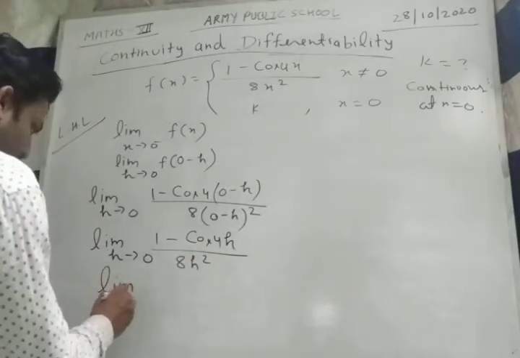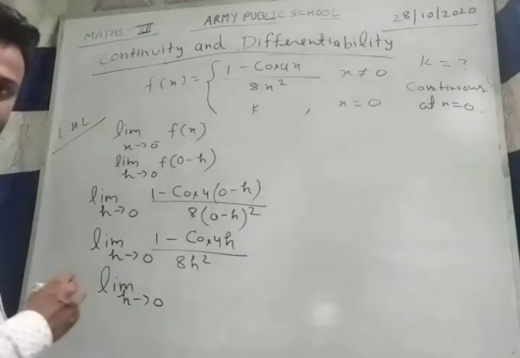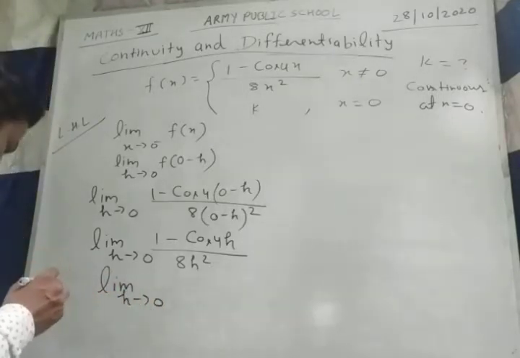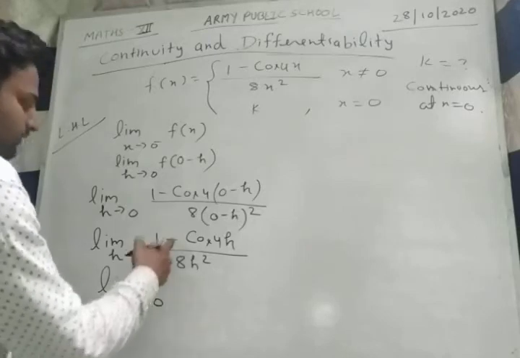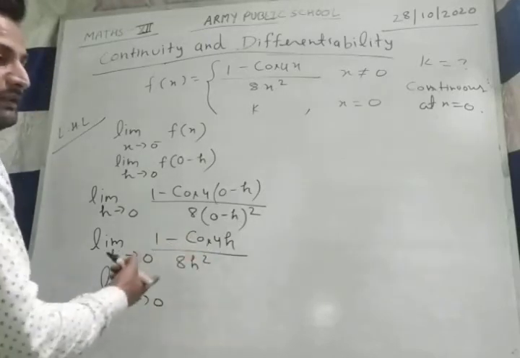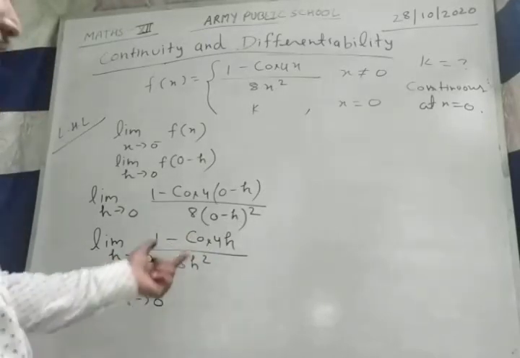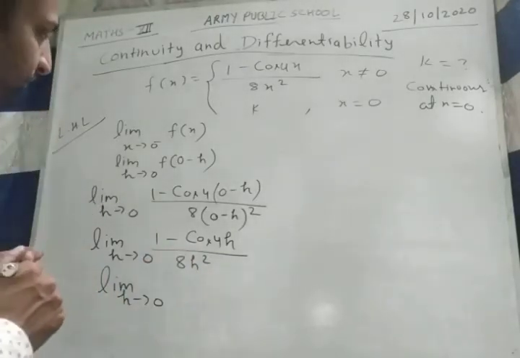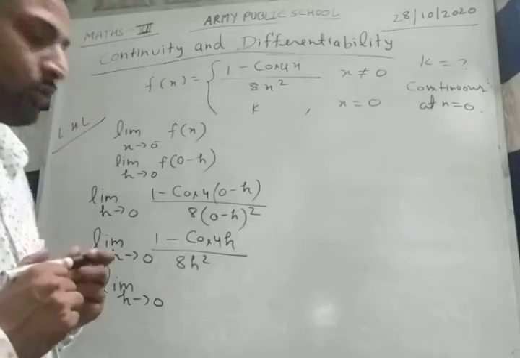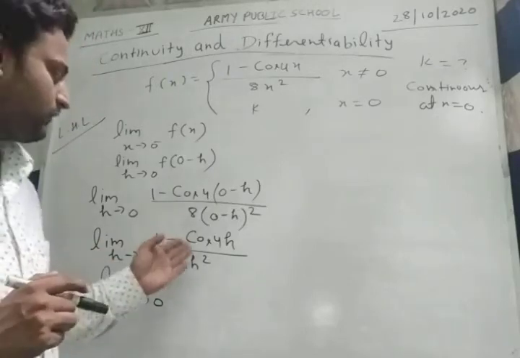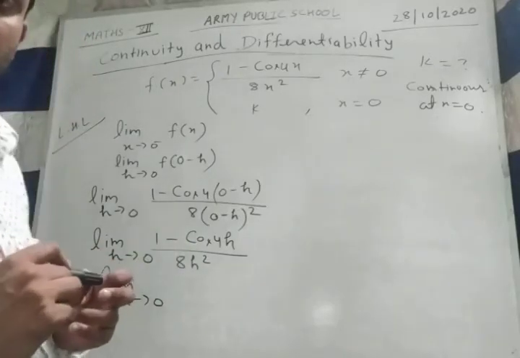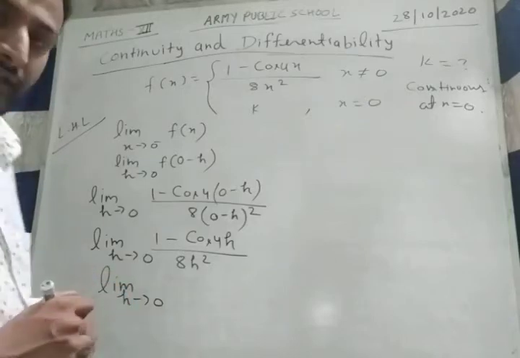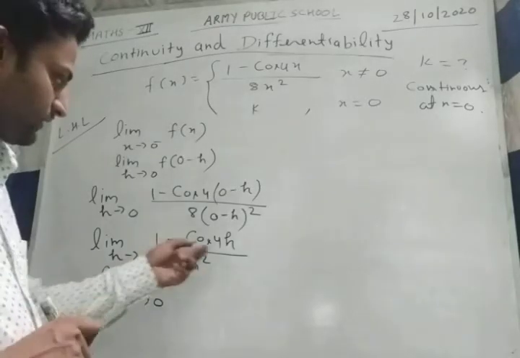Now limit h tends to 0. We apply the formula of cos 2x: 2 sin² x is 1 - cos 2x. So 2 sin² 2h will be 1 - cos 4h.